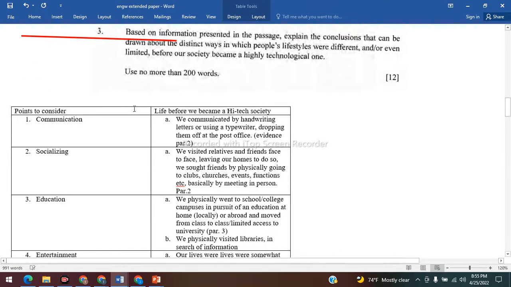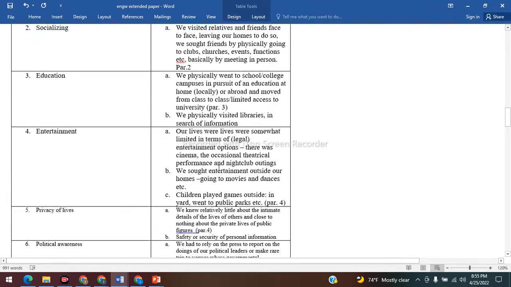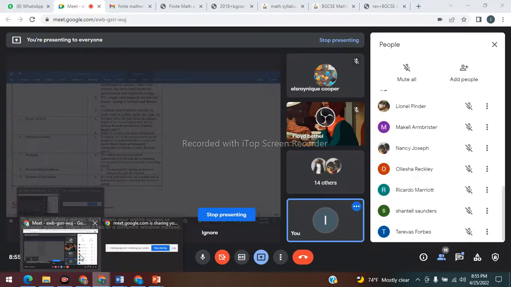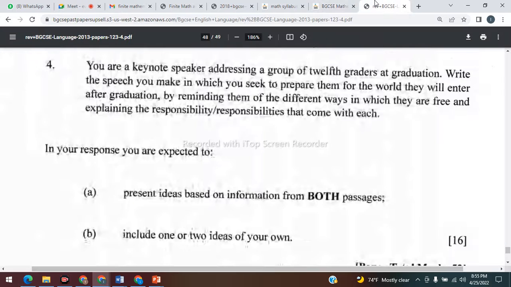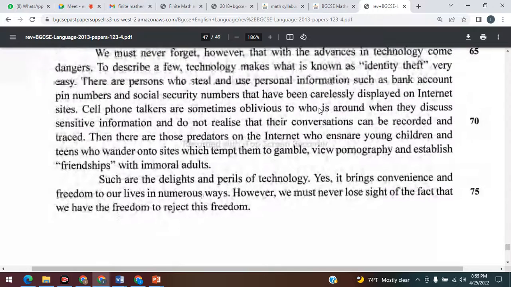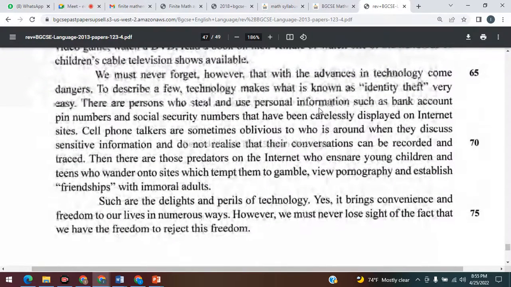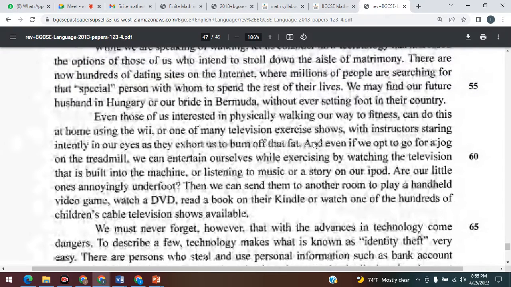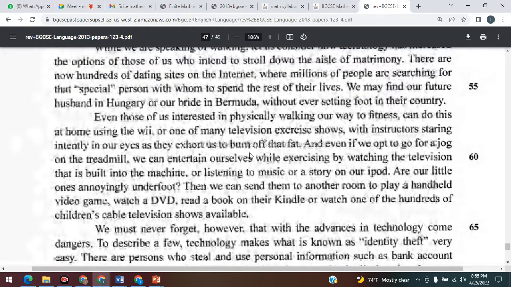socialization, education, political awareness. Let me see something. I'm trying to figure out a specific instance of expression. Okay, so this one deals with exercise, how media helps with exercise, and watching television, stuff like that.